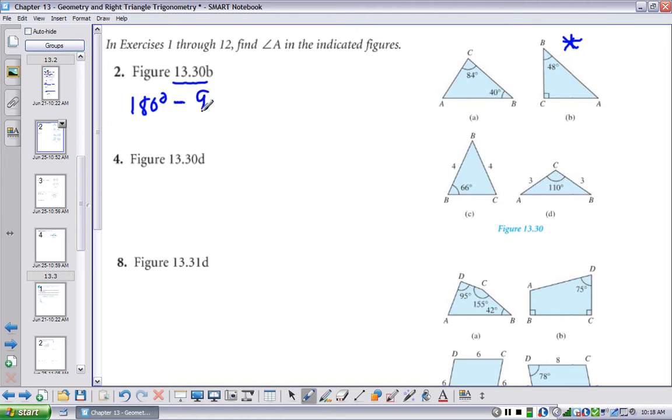And we have a right angle, and we have a 48-degree angle. So that's going to make angle A, in this example, part B, 42 degrees. That's angle A for that particular picture there.